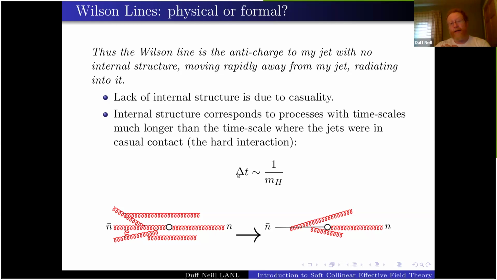That time scale of the hard interaction is like 1 over the mass of the Higgs boson. And all of those loops have to do with time scales much longer than that. And that's what's allowing me to replace this complicated n-bar jet that's recoiling against my n jet with just my Wilson line, as I represent as a black line, that's radiating these charges with no internal structure.